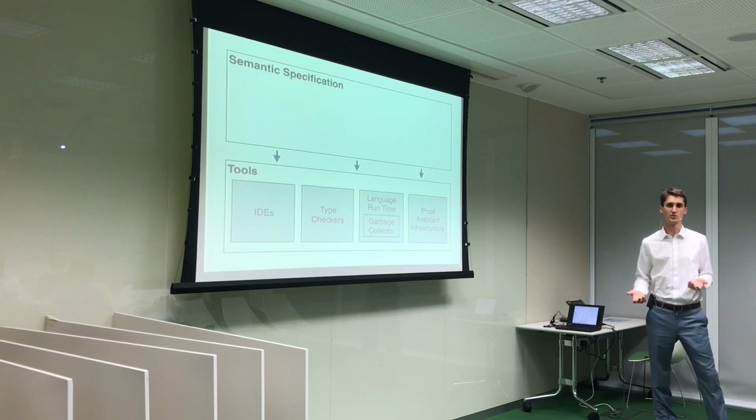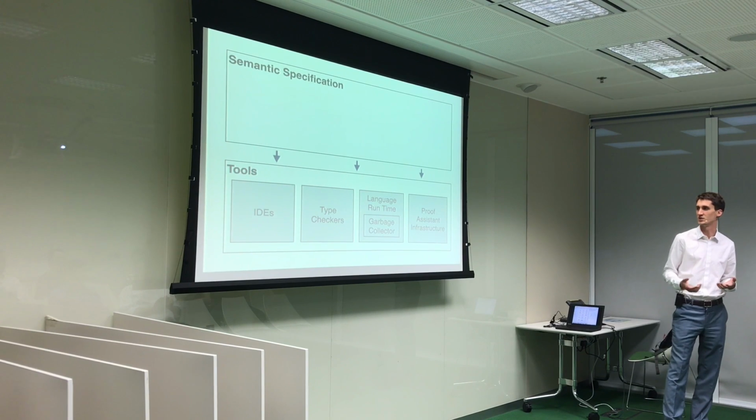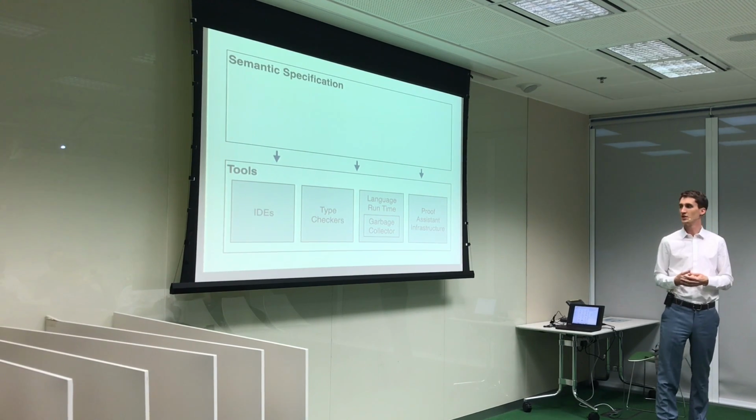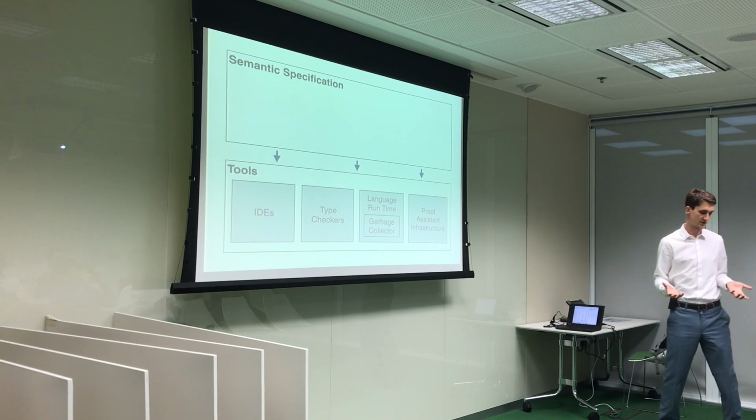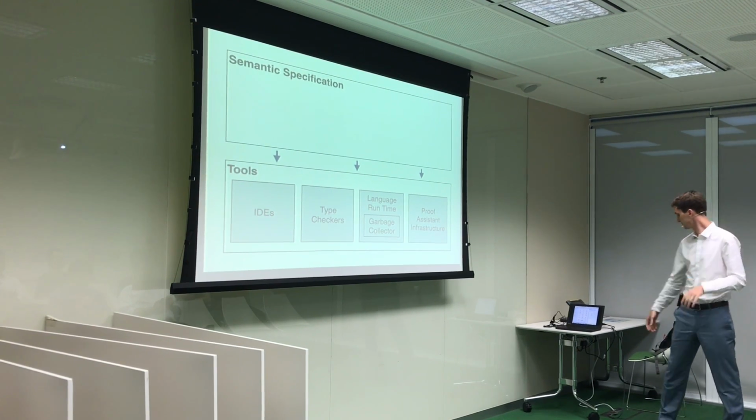And you may also want to write proofs about your language or formalize stuff. So you want to be able to have some kind of specification of your language in a proof assistant.